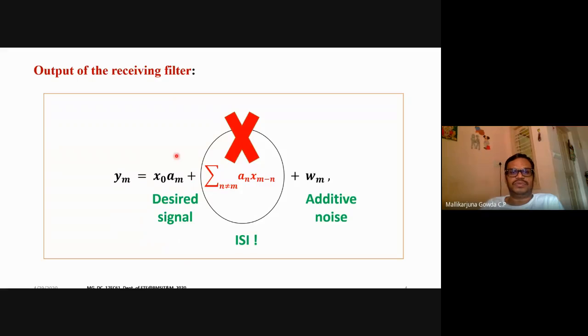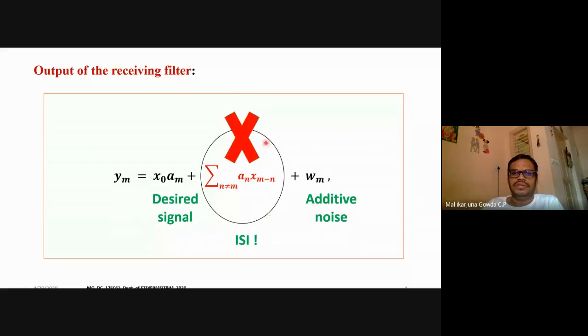The first is the desired signal with the desired symbol, where x_0 is the gain and a_m is the sequence of symbols. The second term is due to the successive symbols, which we call inter-symbol interference.